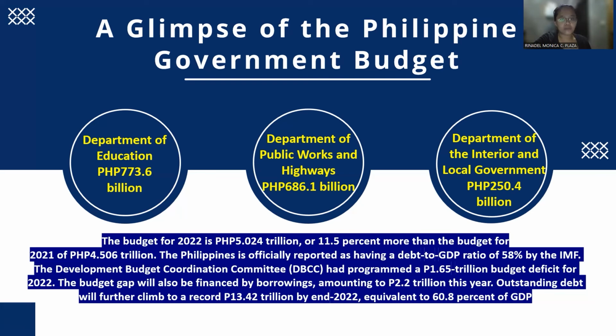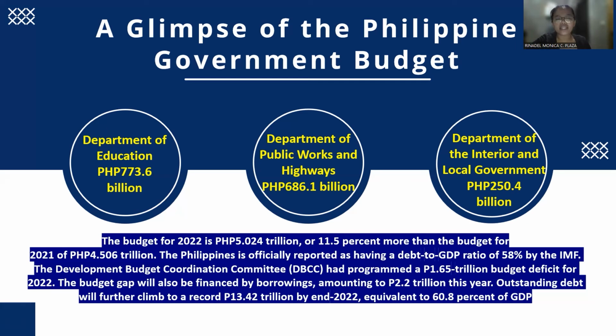And according to the BCC, they estimated a 1.65 trillion budget deficit for 2022. So there will be a budget gap and it will be financed by borrowing. And this will amount to 2.2 trillion this year.